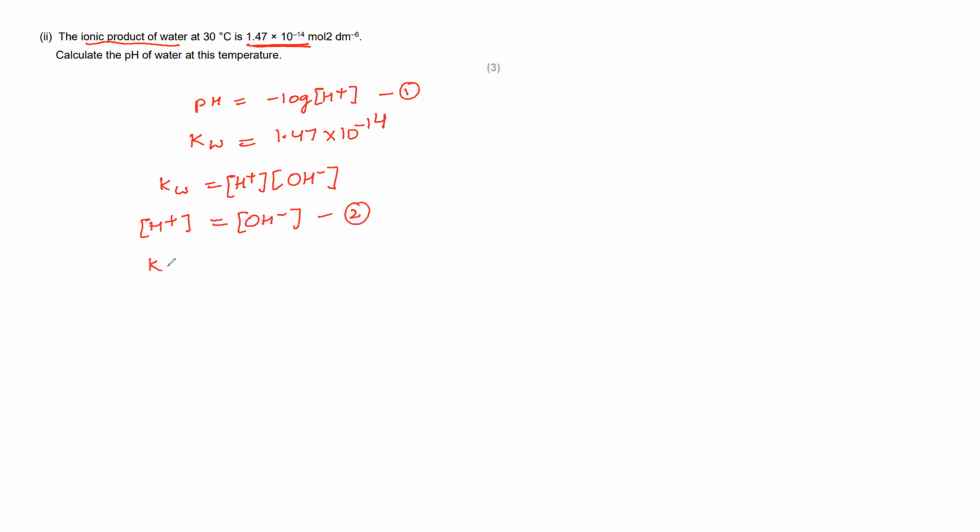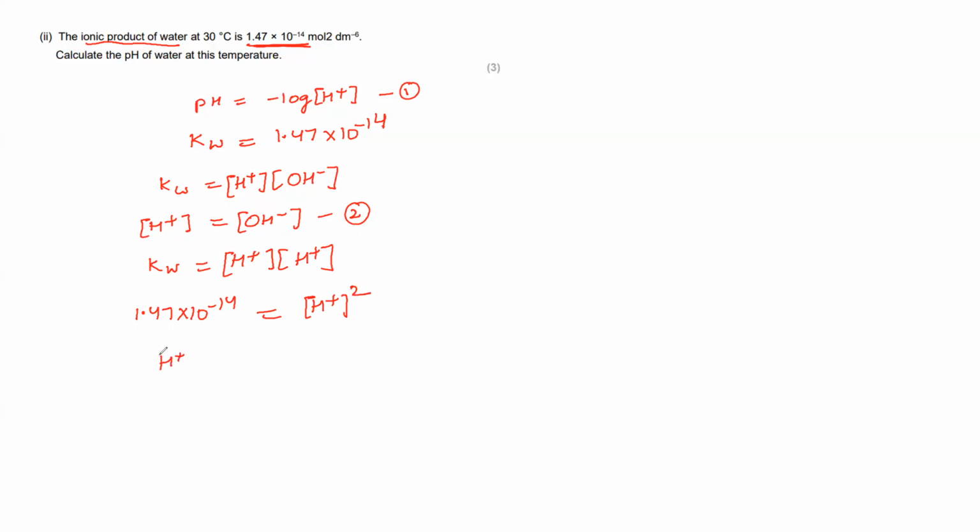So Kw equals, what I will do, I will replace the OH negative with H positive. So H positive concentration into H positive concentration. So Kw, 1.47 into 10 to the power negative 14, equals H positive concentration squared.